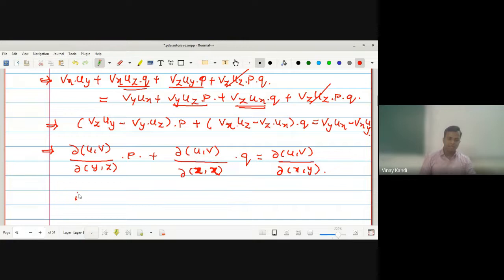That is, capital P into small p plus capital Q into small q, which is equal to R.